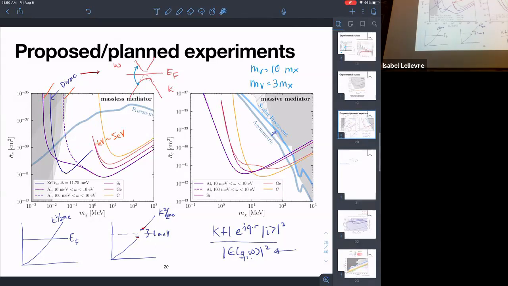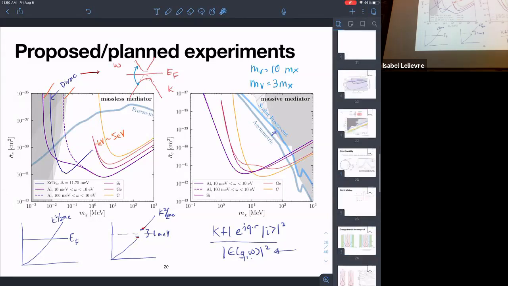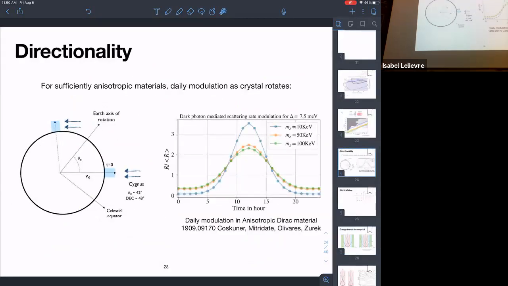Yeah, one other thing maybe I'll advertise, since I have the figures, was this directionality stuff we talked a little bit about. So I'll just show 2 examples of the directional signal you can get with these solid state targets. So this one is with a Dirac material. Again, the picture was this is the Earth's axis of rotation relative to the dark matter wind. At t equals 0, a particular axis of the crystal is aligned with the dark matter wind.